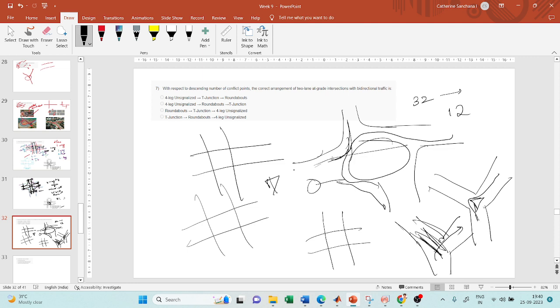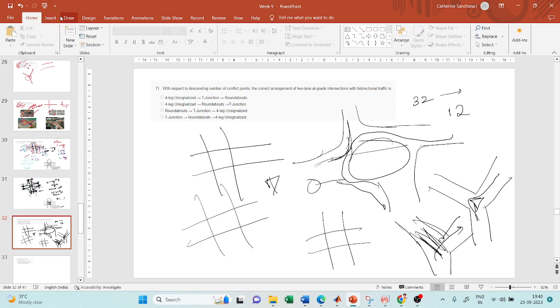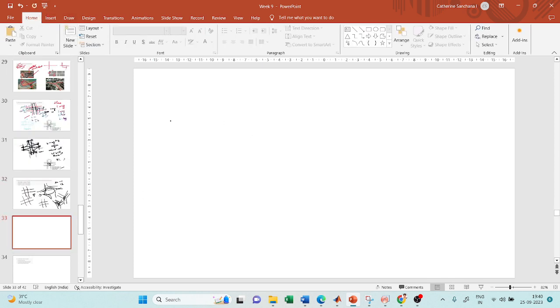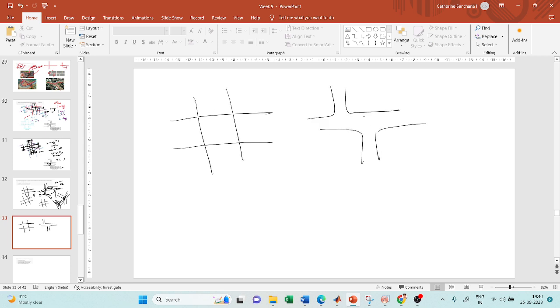Okay, and then we saw staggered intersection a few slides back. We saw that if you just stagger the intersection, this will reduce the conflict points.